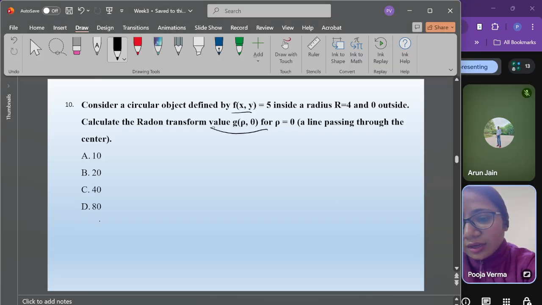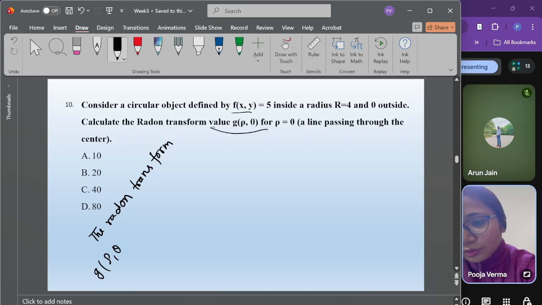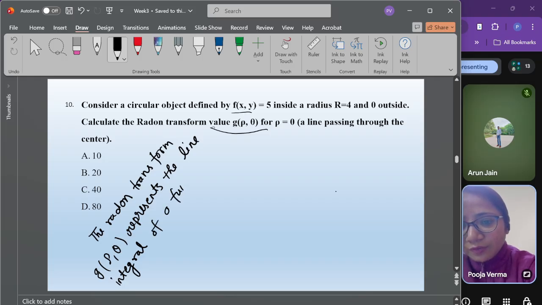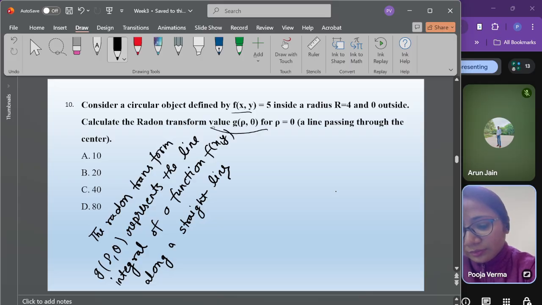Okay, so I can write it here also. The Radon transform g(rho, theta) represents the line integral of a function f(x,y) along a straight line that is defined by the parameter rho.